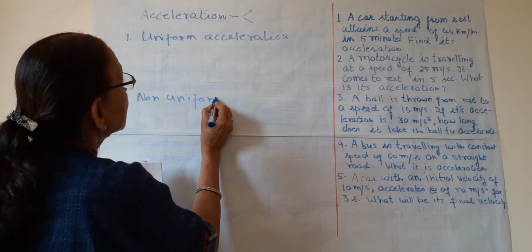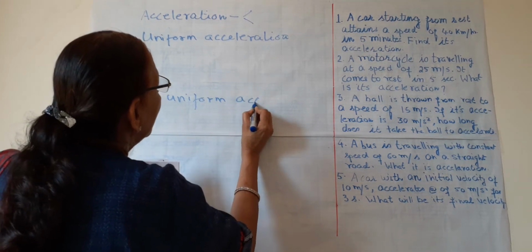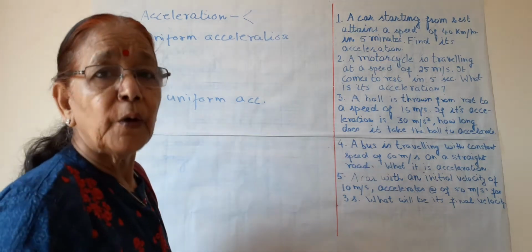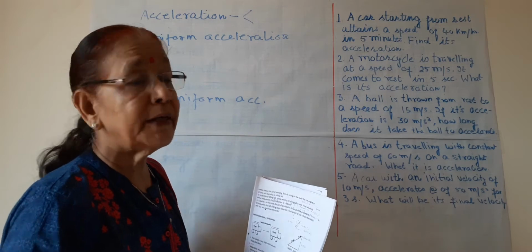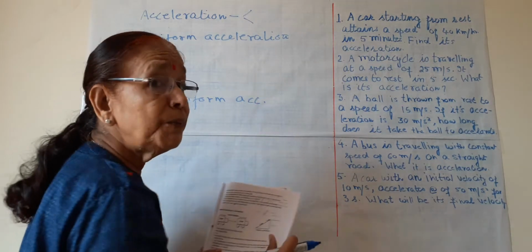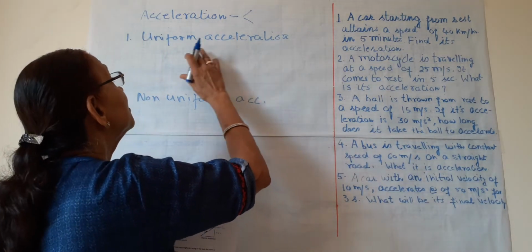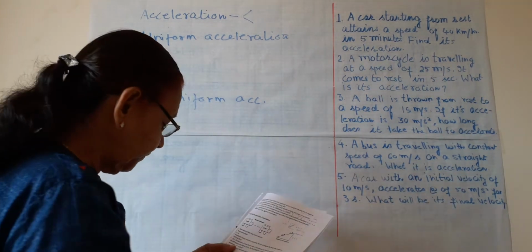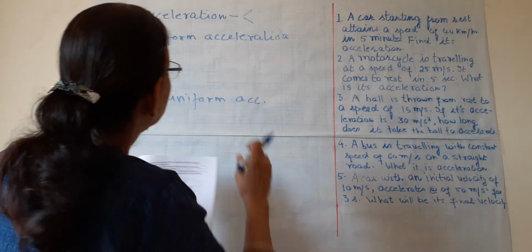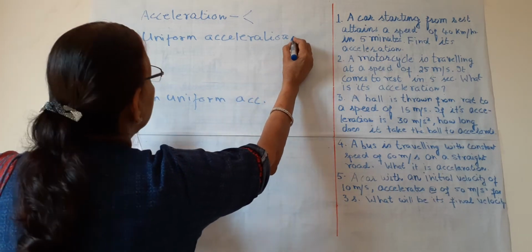We have been talking about uniform and non-uniform motion or velocity, but these are new terms. The acceleration may also be uniform or non-uniform. So you write down the definition here.